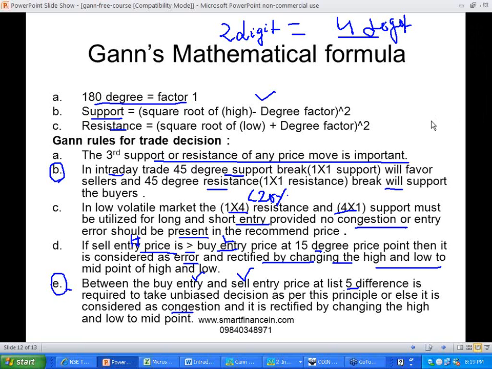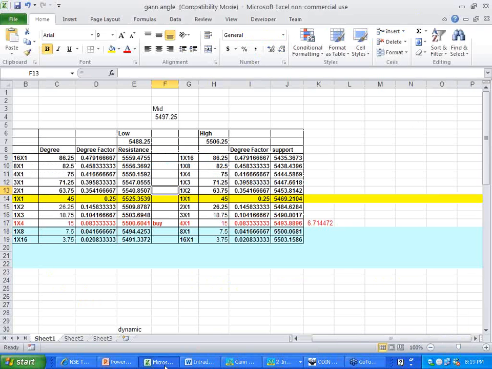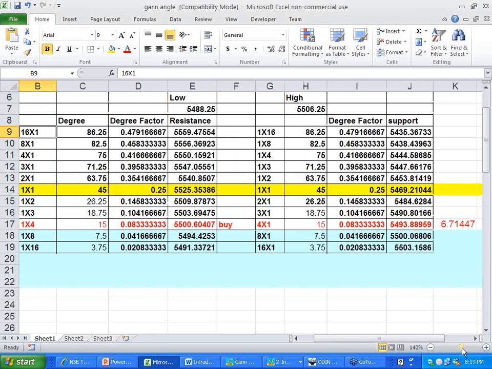So let us do some working on this. Here the 11 trend lines, 1 by 16 ending with 16 by 1. Same way on the support side, 1 by 16 ending with 16 by 1.